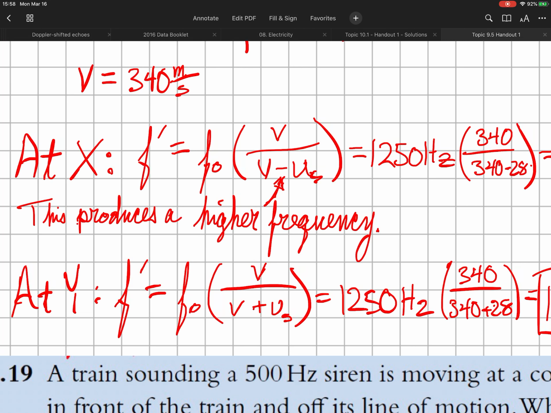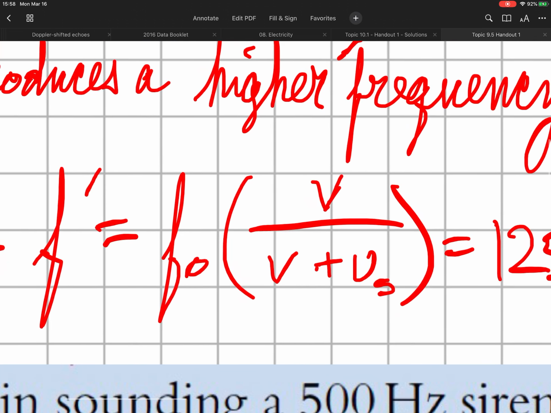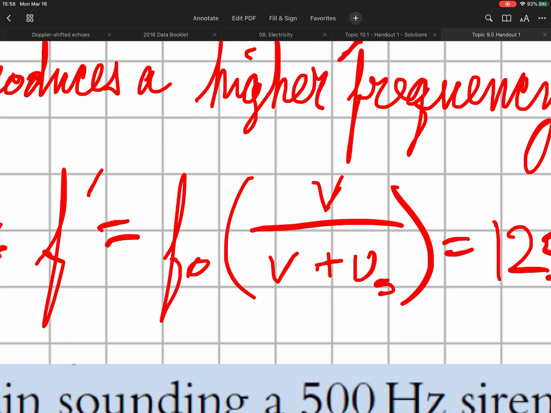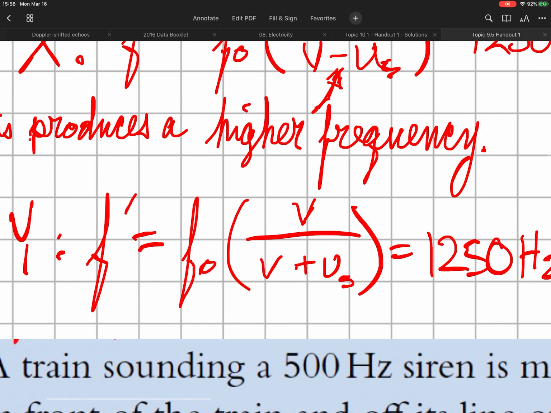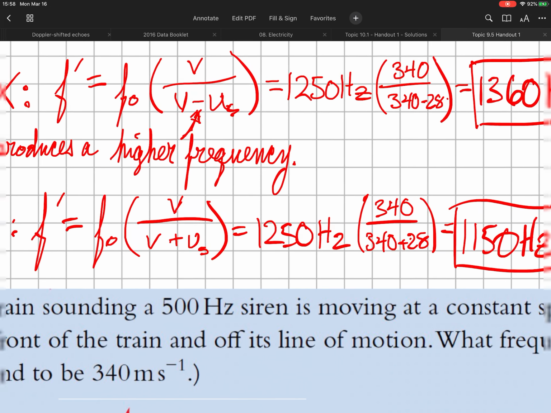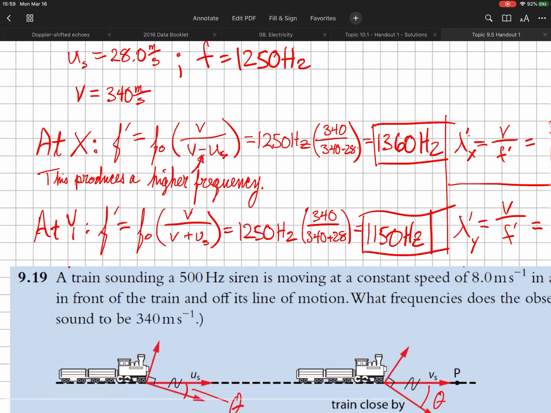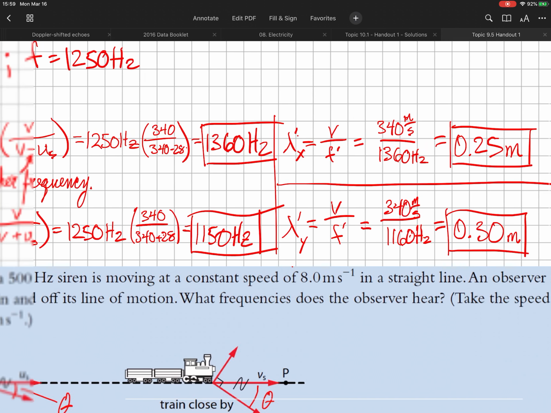So at point Y, the objects are moving farther apart. So that means we're going to have a smaller frequency at Y, and we need our denominator to become larger in order to produce a smaller frequency. Okay, so we plug in our values and we get 1,150 hertz, which is indeed smaller. So that's what we want.